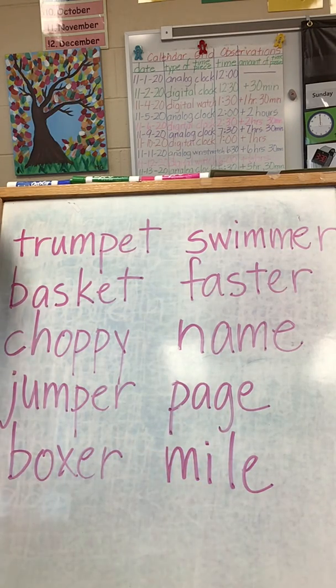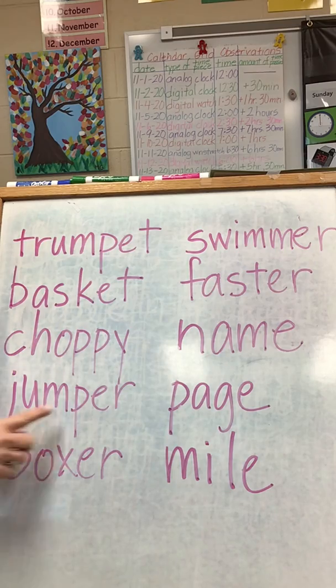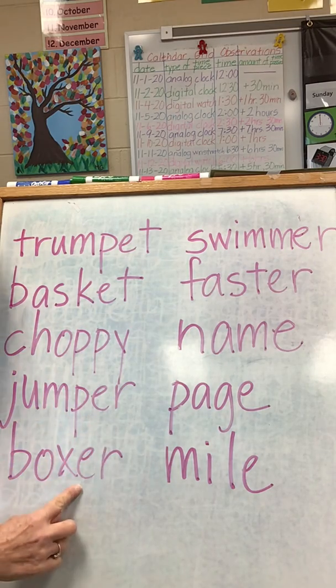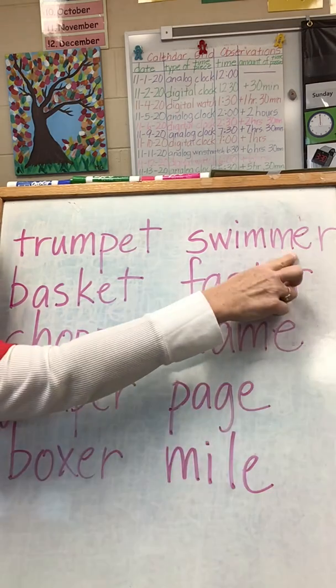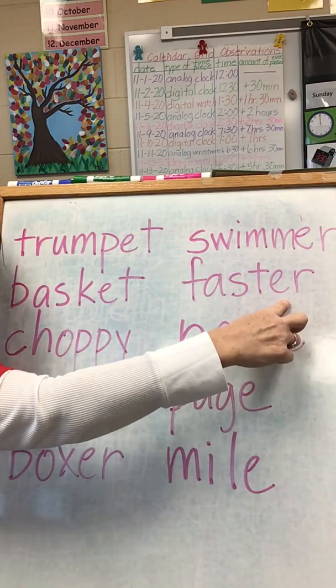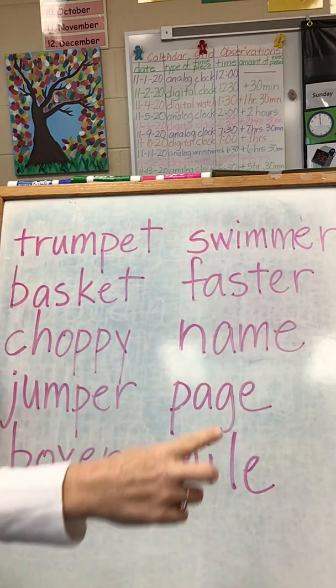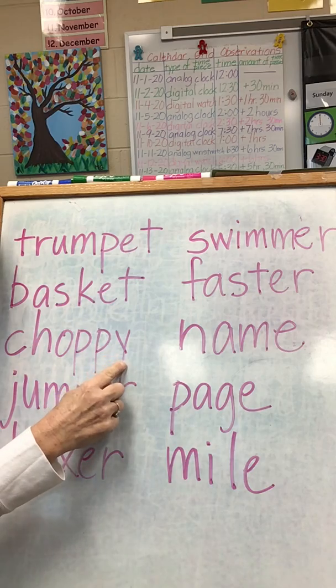How many of my words out of the 10 words have a suffix? If you said 5, you are correct. Let's see. 1, 2, 3, 4. Whoop, let me find the 5th one. Oh, 5, right here. Choppy.